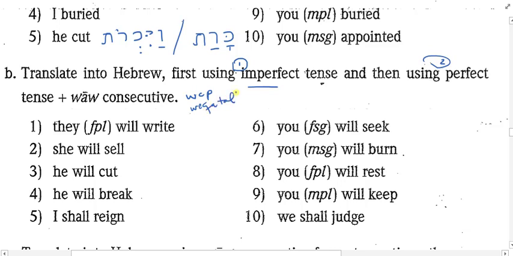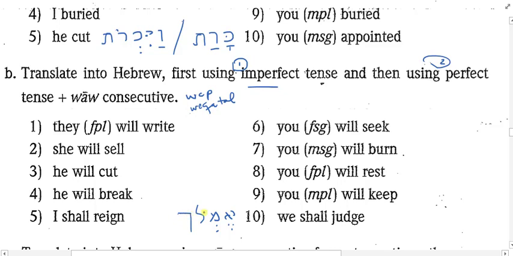Now, so let's start with the imperfect. I shall reign is the verb what? Mem, lamed, kaf, right? MLK, remember Martin Luther King. And with I, it's which prefix consonant? Aleph. And what's the vowel pointing under it? Segol, good. And the silent Shva under root 1.